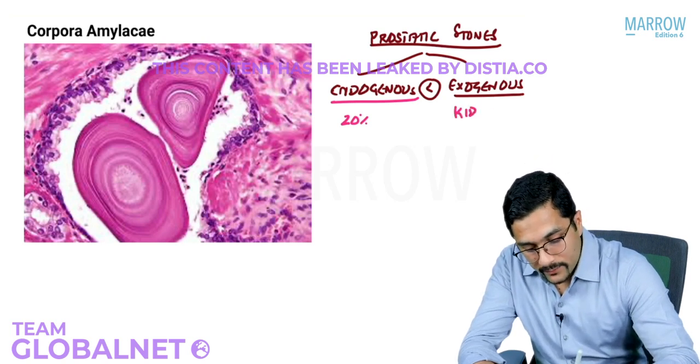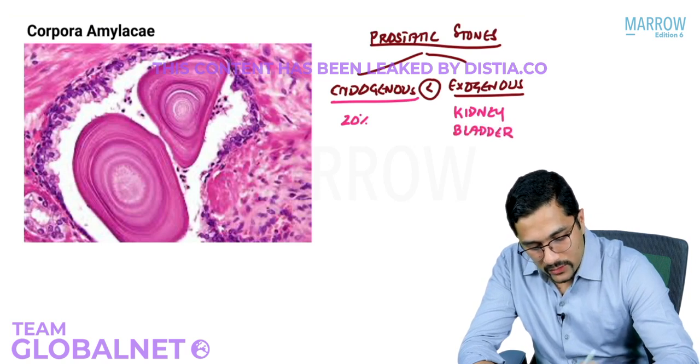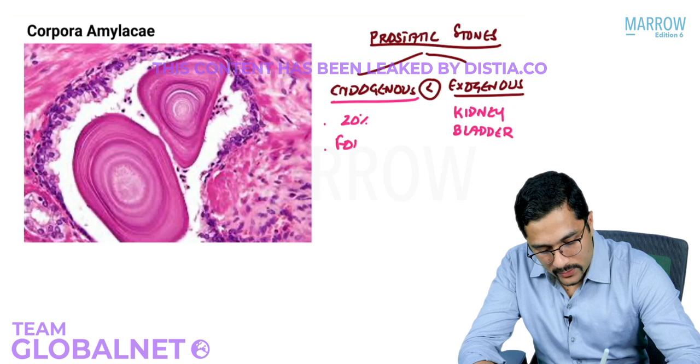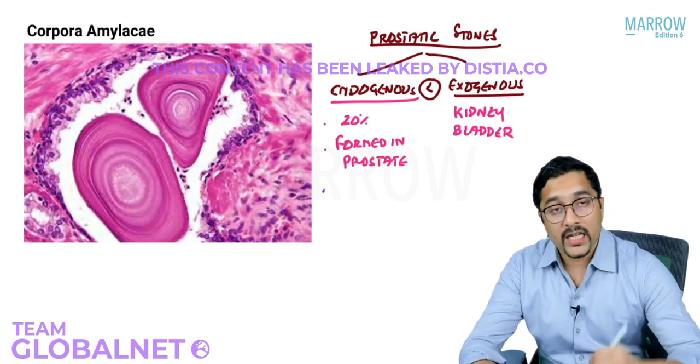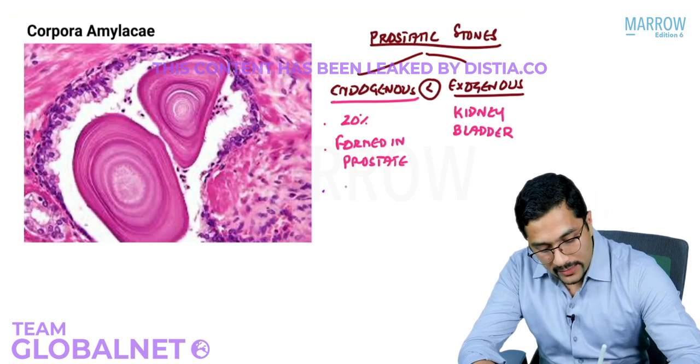Exogenous stones are the ones which come from the kidney or the bladder, whereas endogenous stones are formed in the prostate itself. And the composition of these prostatic calculi, that was the question which was asked. The most common composition is calcium phosphate.